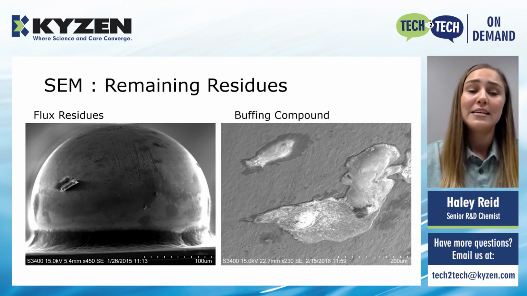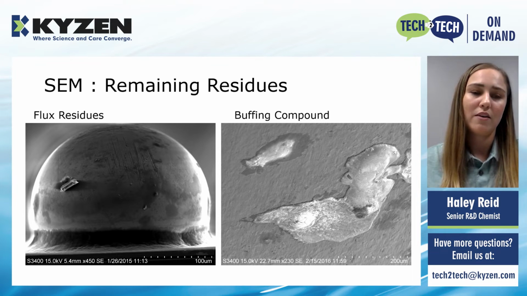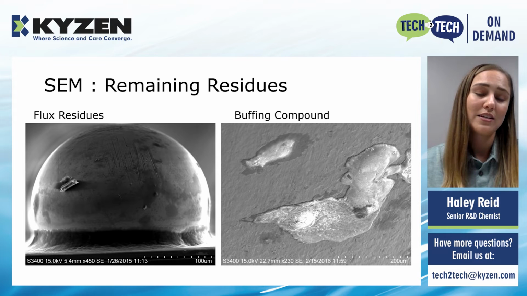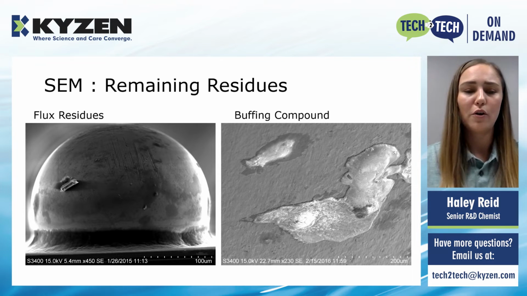We also use SEM for remaining residues. We here have flux on the left and buffing compounds on the right. For the flux residue, you can see the solder bump on top there, surrounded by that dark ring of flux. We actually just cleaned this with water just to show that it wasn't cleaning, but you can see how much flux is there versus the bump.